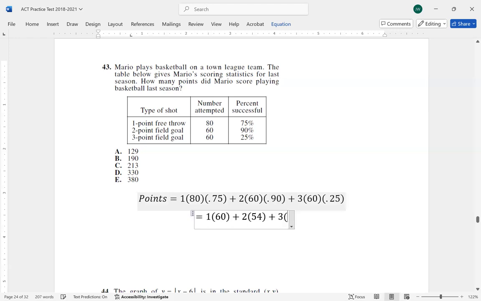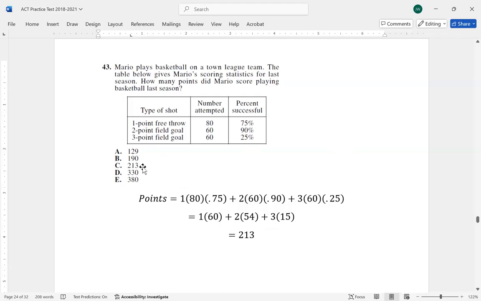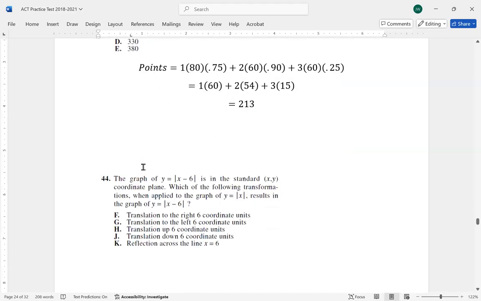And 25% of 60 means that he hit 15 3-point shots. When you add those all up, that gives you 213 total points. So the answer to question 43 is C, 213.